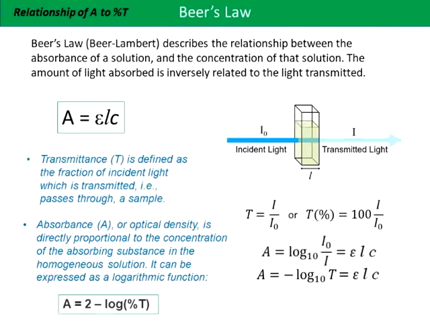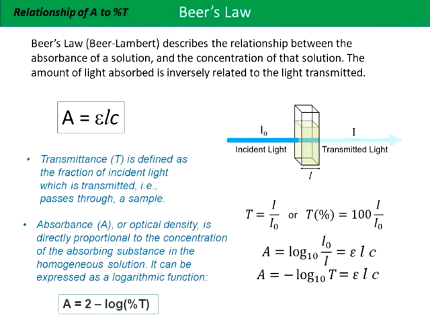And why is that so? T equals the ratio of transmitted light to incident light. In other words, the ratio of the amount of light coming out of the sample to the amount of light being shined into the sample. That relationship is oftentimes expressed as a percent.